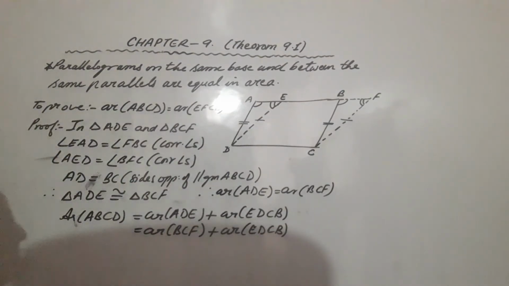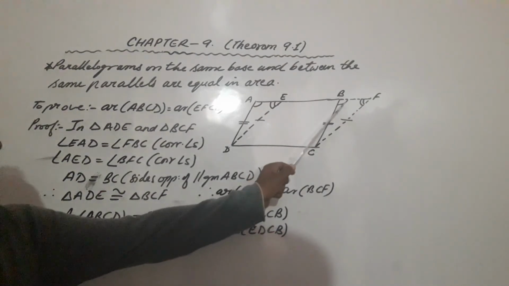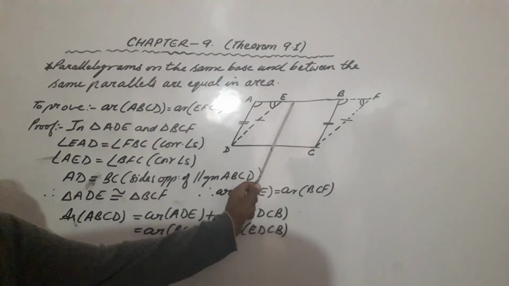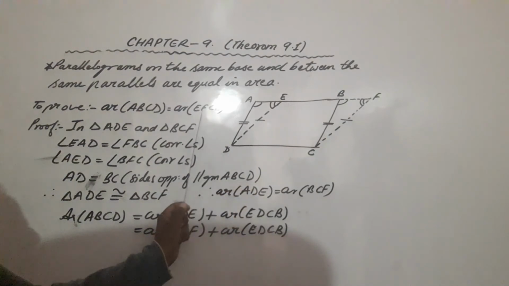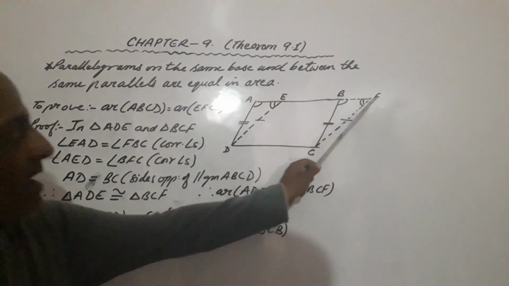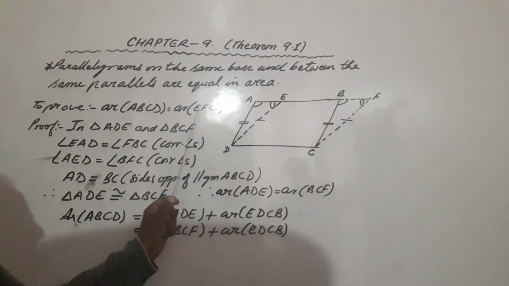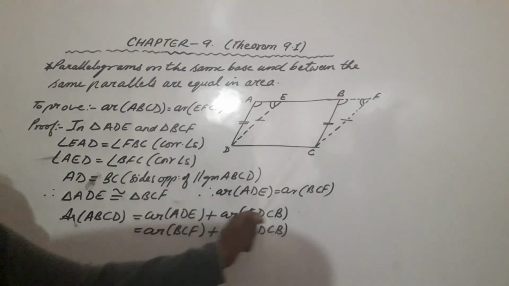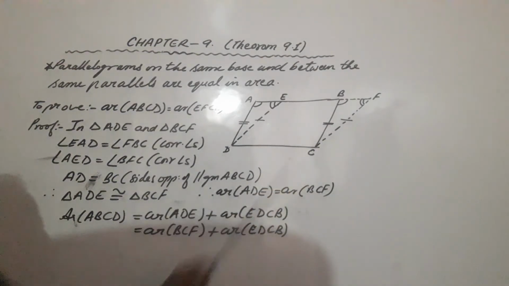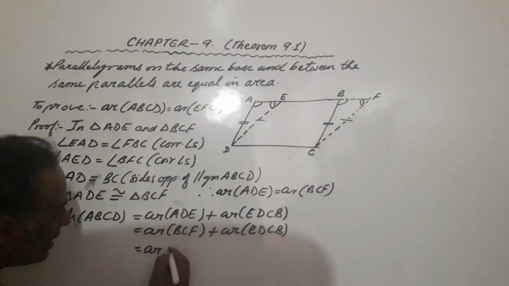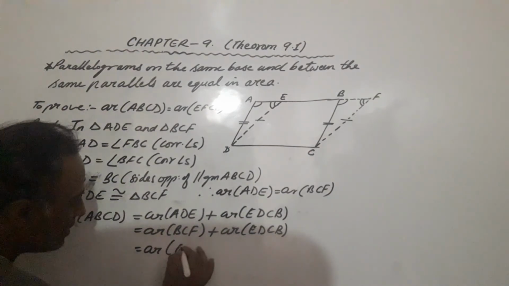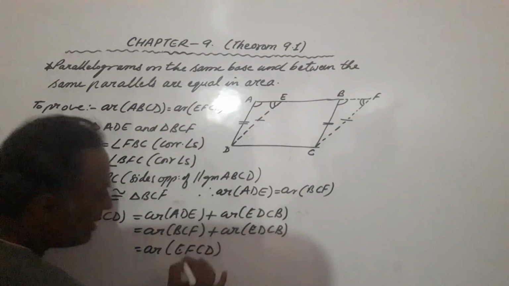Now what have we done? We have taken the area of this plus the area of that. So we see that the parallelogram has changed. Which one is this? EFCD. The area of that parallelogram is equal to the area of that triangle plus the area of this section. So we'll write: is equal to area of EFCD.